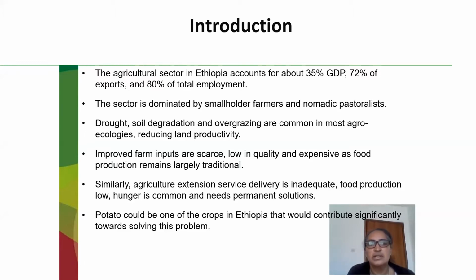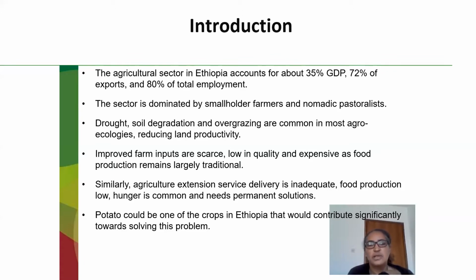Drought, soil degradation, and overgrazing are common in most agroecologies, reducing land productivity and crop yields. Improved farm inputs are scarce, low in quality, and expensive, although food production remains largely traditional. Similarly, agriculture extension service delivery is inadequate, food production low, hunger is common and needs permanent solutions.